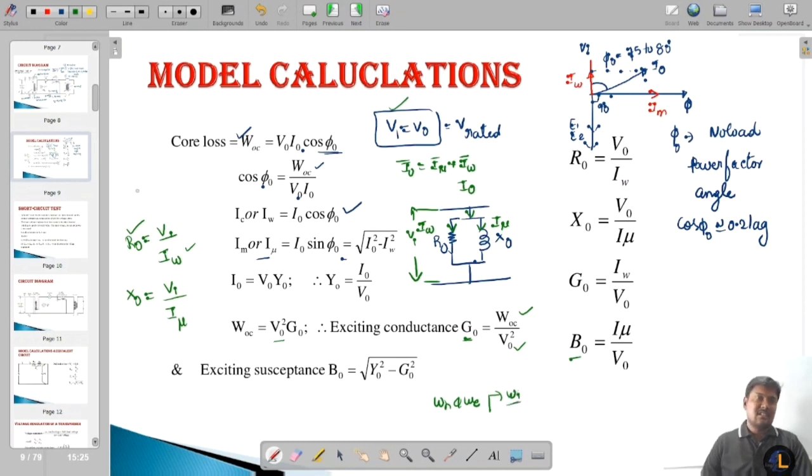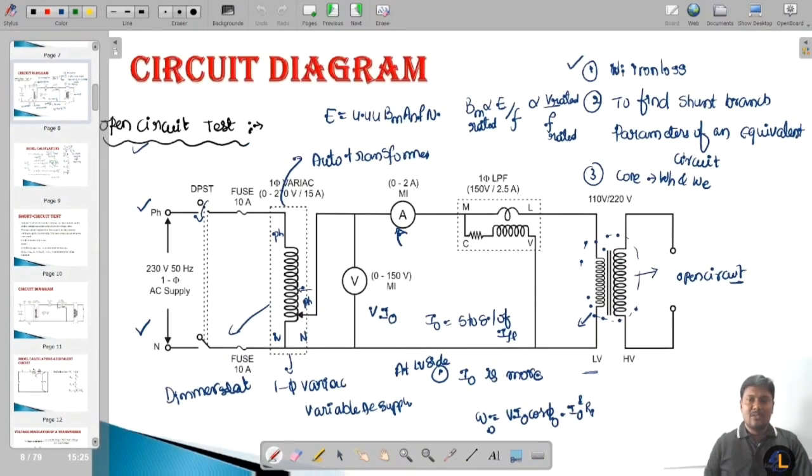This test is conducted at variable voltage, and variable frequency is also varied, by maintaining B max constant. Note down the voltmeter reading, ammeter reading, and wattmeter reading. B max constant means hysteresis loss is directly proportional to f, and eddy current loss is directly proportional to f square.